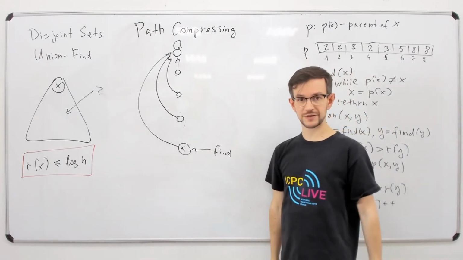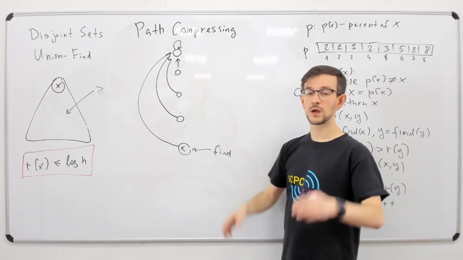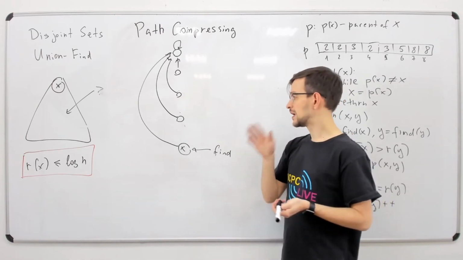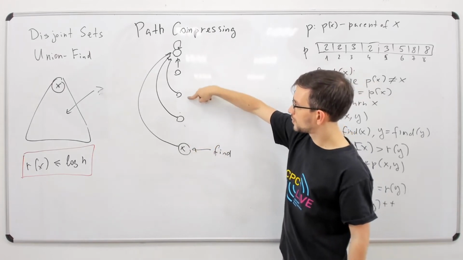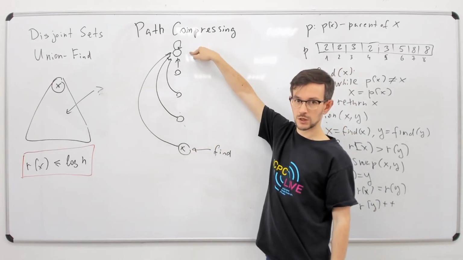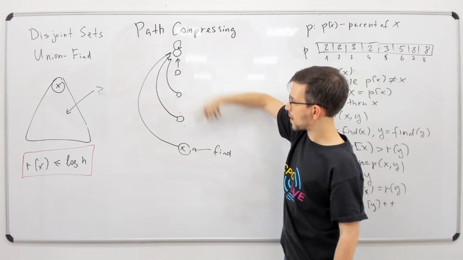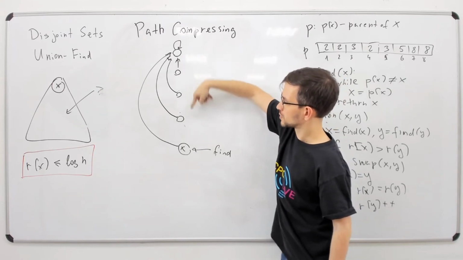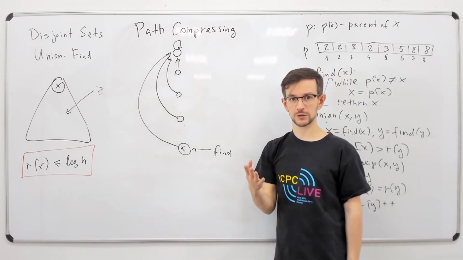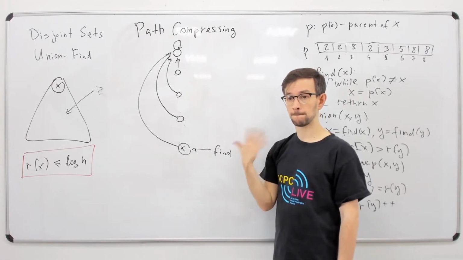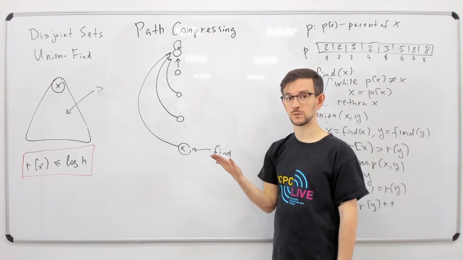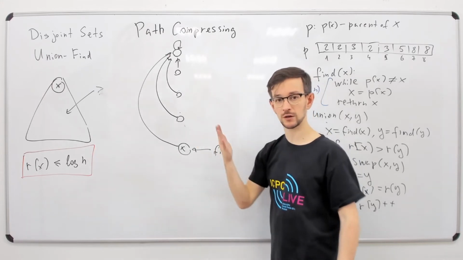That's called path compressing. So again, what is the difference? Every time you call the find, you follow this route to the root element, and when you go back, you change all the pointers to the root element instead of the parent element. That's all. That's the whole idea.